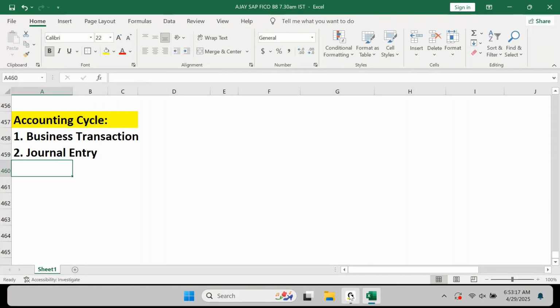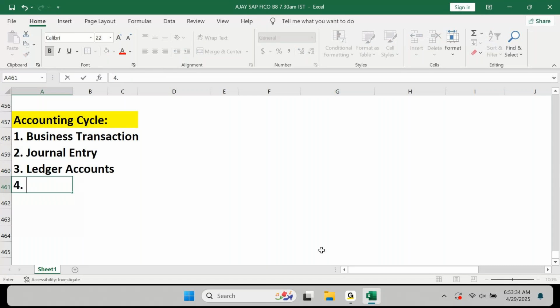Based on the journal entry, ledger. You will prepare ledger accounts. Based on the ledger account, trial balance. Based on the trial balance, profit and loss. Profit and loss statement. Based on this, balance sheet.